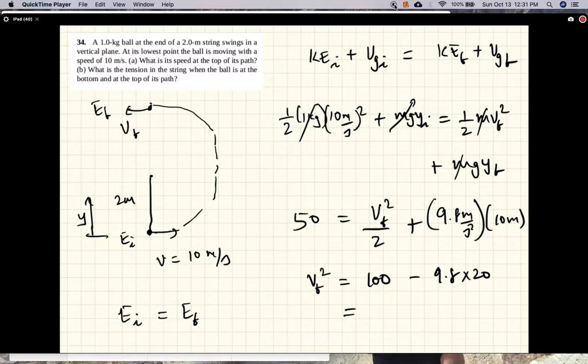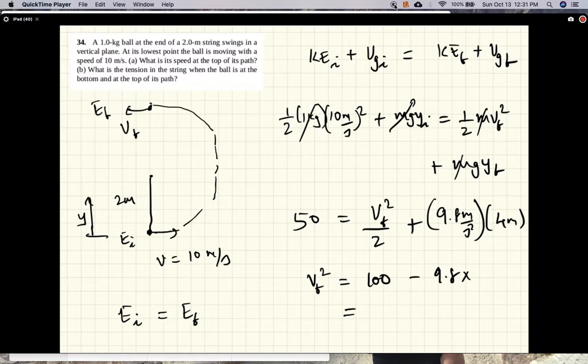Oh, there is the problem. This is 4 meters. Y final is 4 meters. All right, now that fixes that. That was the problem.